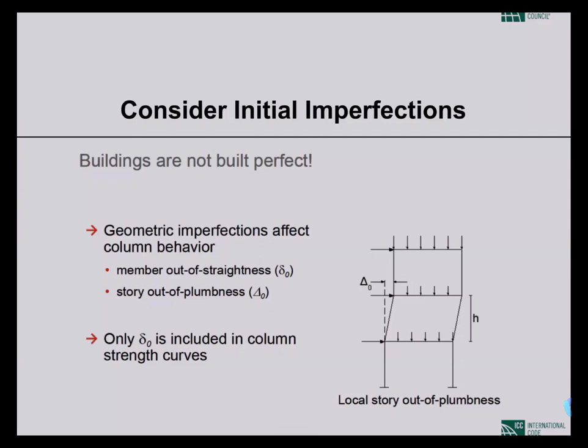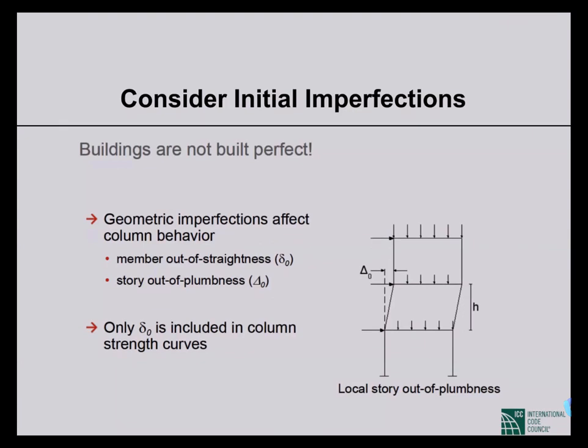And now, how we can take initial imperfections, geometric imperfections, into account. There can be two types of geometric imperfection. One is the out of straightness of members. That is somewhat taken into account by reduction of stiffness. And another is out of plumbness, that is, it is no longer completely vertical.